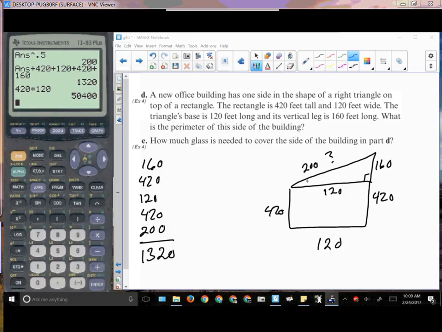Then the area of the triangle, well, that would end up being 120 times 160 divided by 2 plus 50400. So that means I would need how much glass to cover that? I would need, yep, 60,000 feet squared of glass.